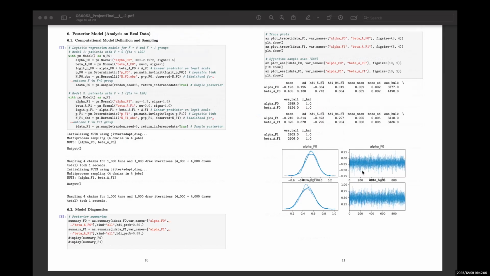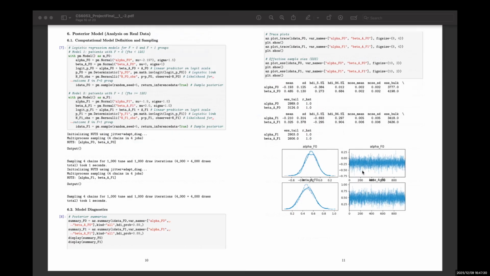In section 6, we fit the posterior model on the real data and also look at the diagnostics. On the real data, we fit separate Bayesian logistic regressions for the normal and the elevated fasting glucose groups.